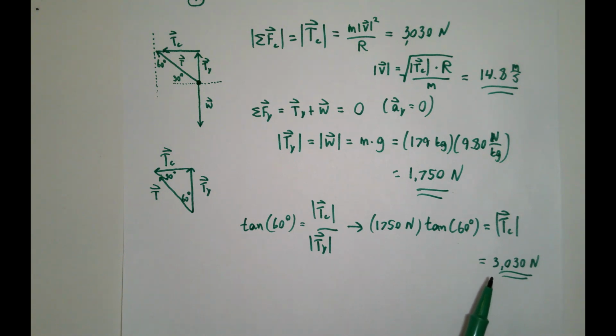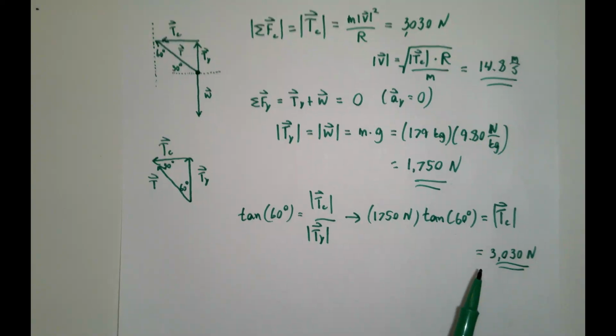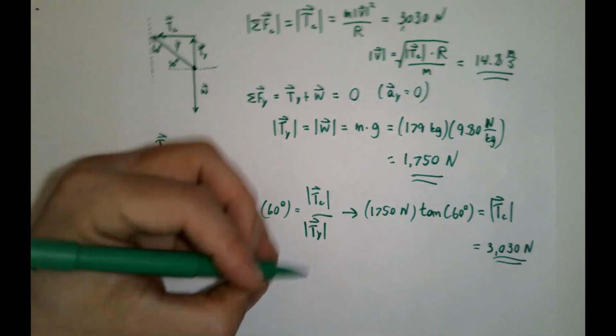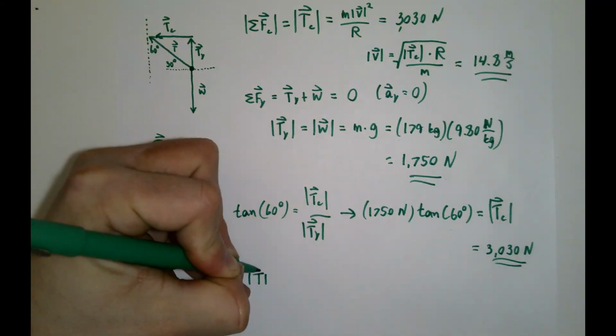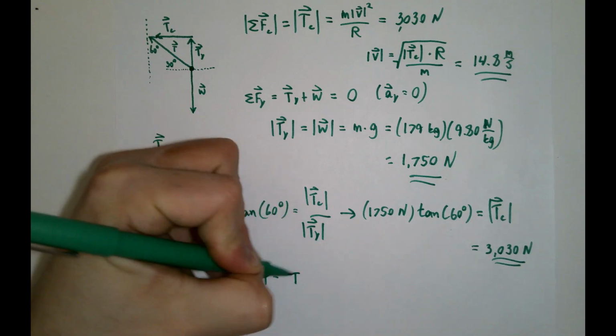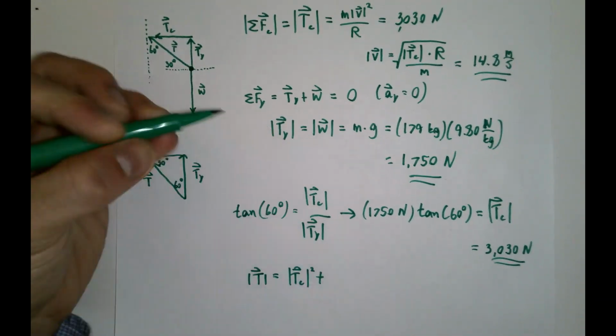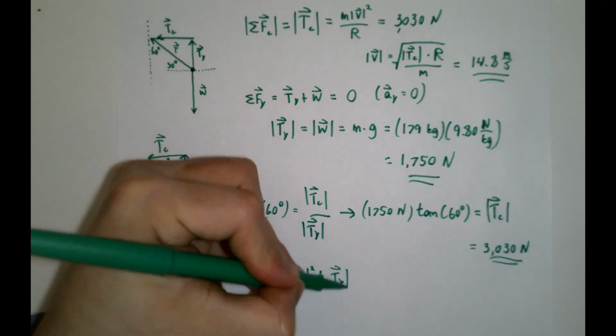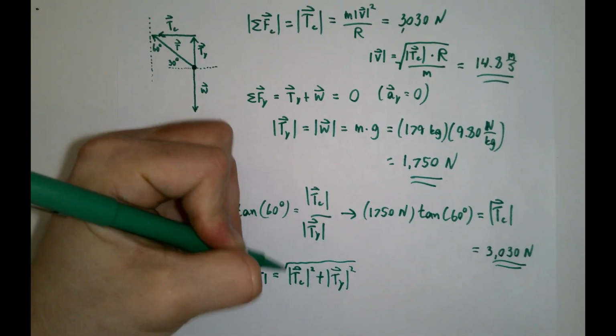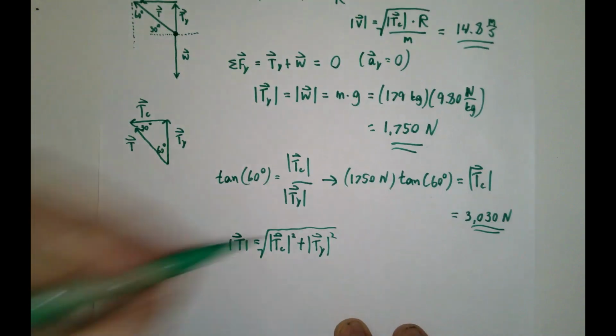So I could square those and then take the square root. I'll write that out. The magnitude of the tension will be equal to the square root of the centripetal tension component squared plus the tension in y squared.